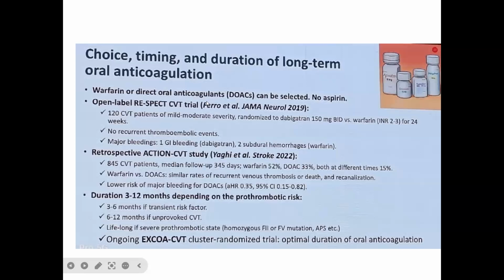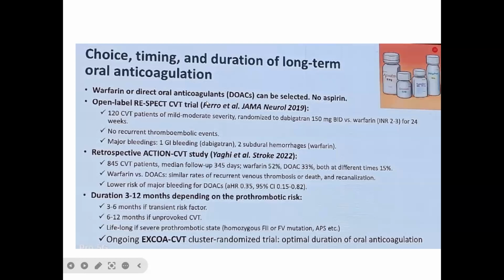The problem with warfarin is that we have to monitor the INR frequently. If compliance is not good and the INR is low, the patient will again have chances of getting cortical vein thrombosis, and the bleeding risk could be more with warfarin and acitrom compared to dabigatran.